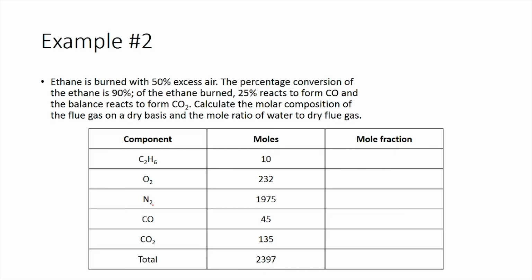So, the mole fraction for each of these components would be 10 divided by the total number, 2397, giving you a mole fraction of 0.0034, and for oxygen it would be 232 divided by 2397, which is 0.0968, and for nitrogen it will be 1975 divided by 2397, giving a value of 0.8239.